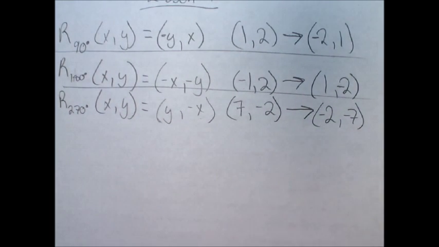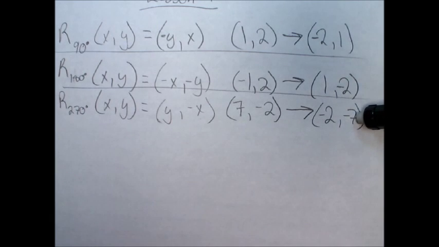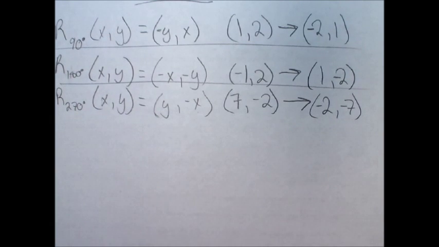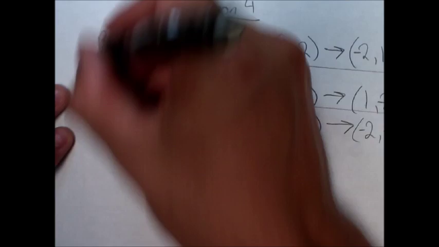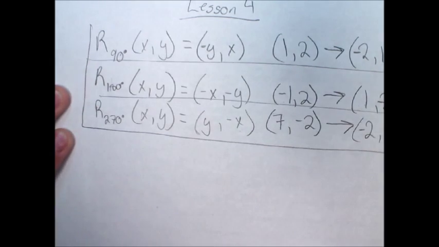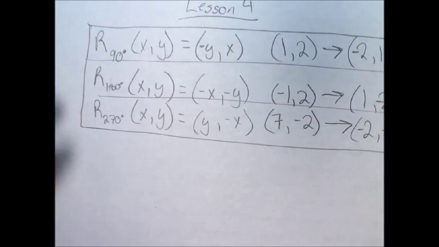No, you're not swapping them both. You're swapping them, x's and y's, and you are changing your original x to an opposite. Any questions yet? Okay, that is my chart of quick and easy examples.